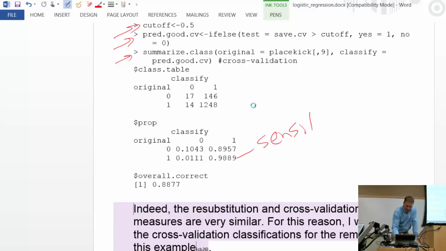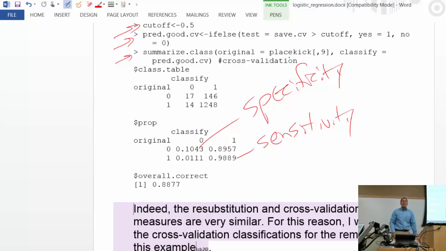Here's my sensitivity, and here's my specificity. Very, very similar. I'm using a cutoff of 0.5 here. Very, very similar to what we saw before with resubstitution. So I actually asked that.